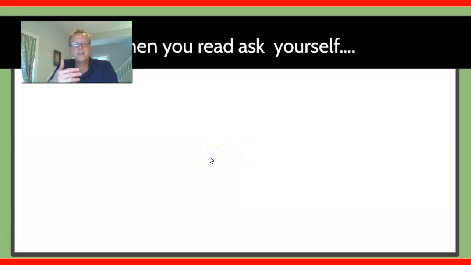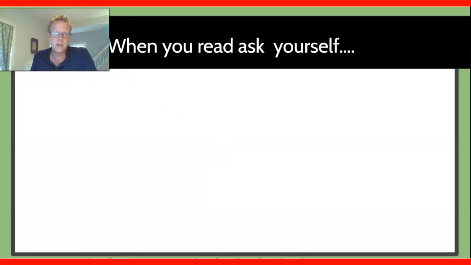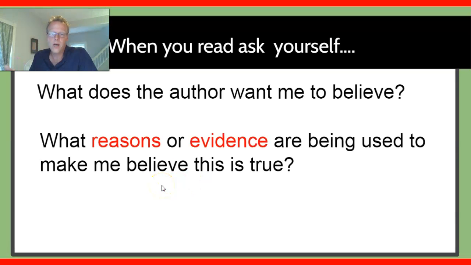When you read a text, there are really 2 big questions you should be asking yourself. The first question is, what does the author want me to believe? Really, that's what it's all about. What is the author trying to convince me of? Second question is, what reasons or evidence are being used to make me believe this is true?